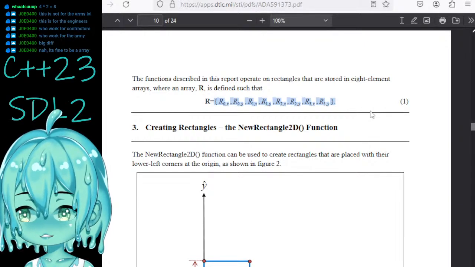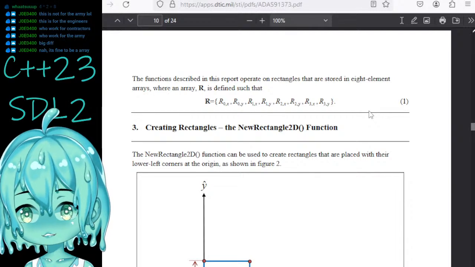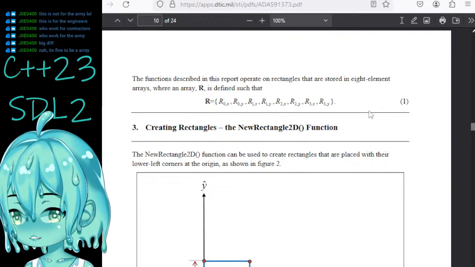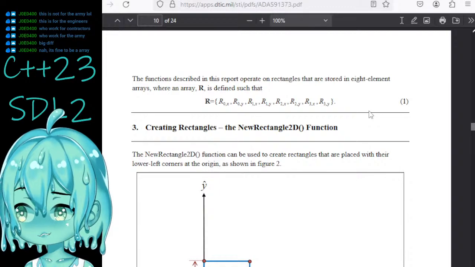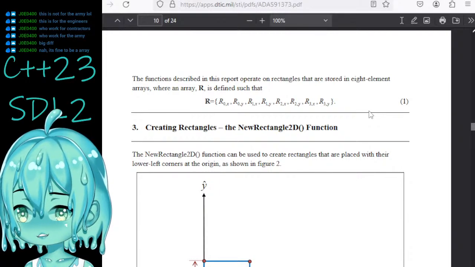Wouldn't that be better? For me, that would be easier to read. No, it's fine to be an array. Oh. This is for the engineers who work for the contractors who work for the army.